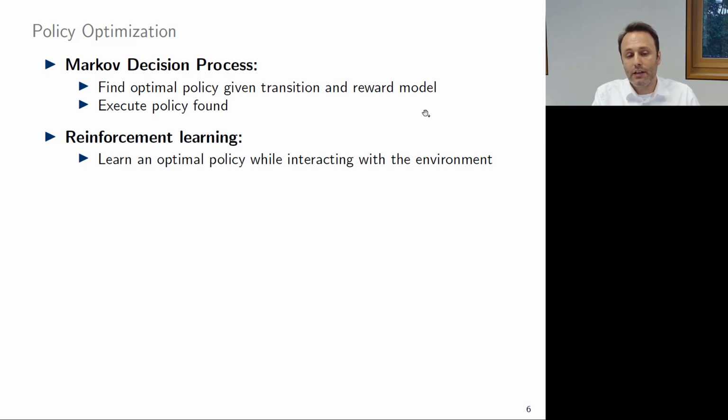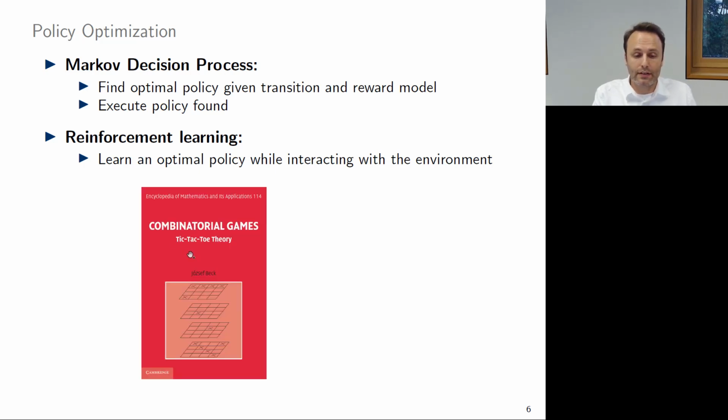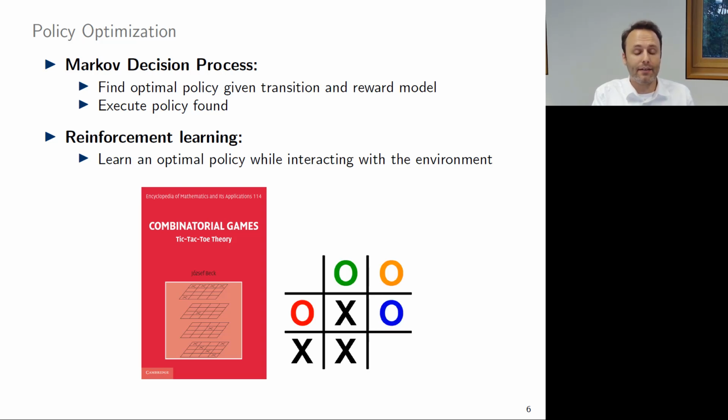You could actually open up a book like this one and read all the equations and write up all the equations to solve for the optimal strategy. But that's not what people do. Even children learn quickly what the optimal strategy is in that game by playing.